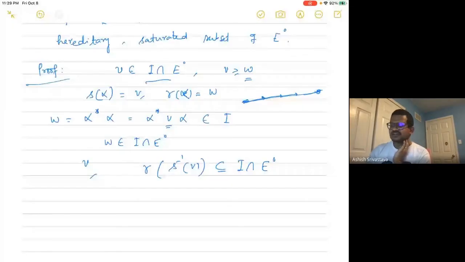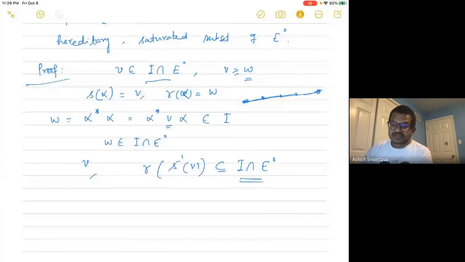To see that it is saturated, take any regular vertex V, and suppose that the range of S inverse of V is contained in I intersection E naught. Showing it is saturated means we need to show that V must be in I intersection E naught as well.